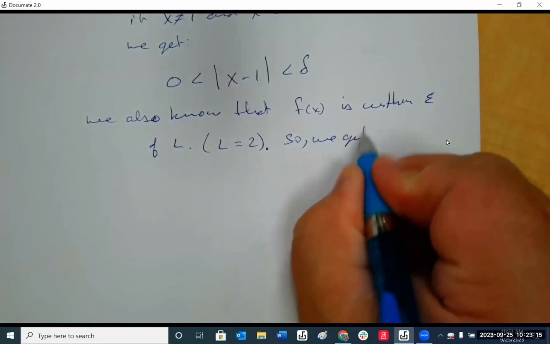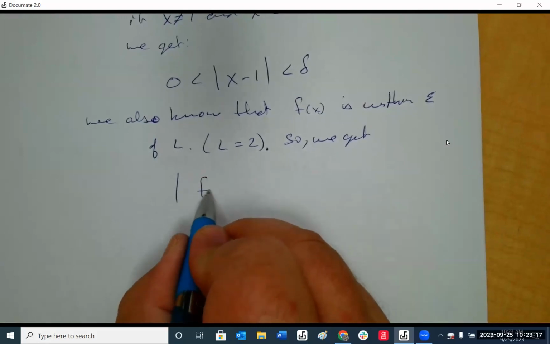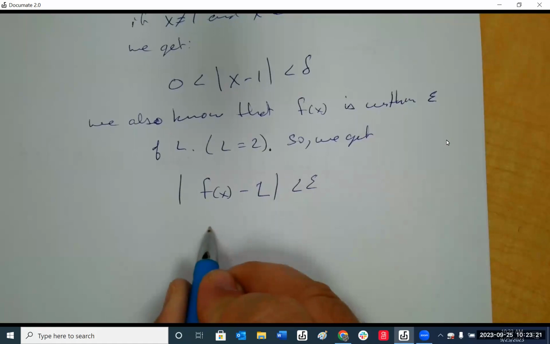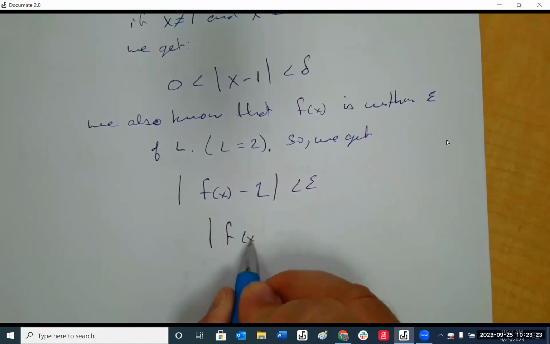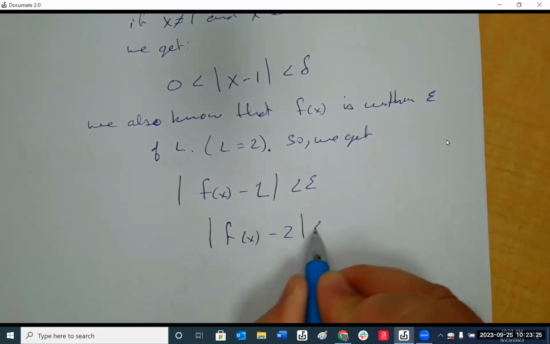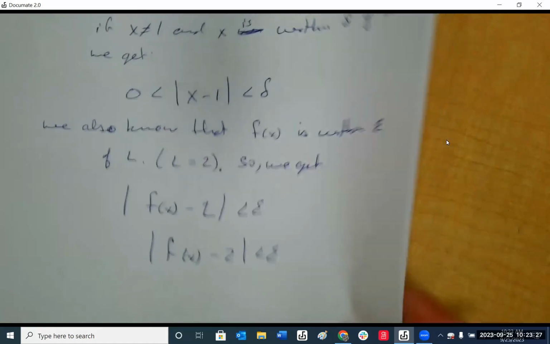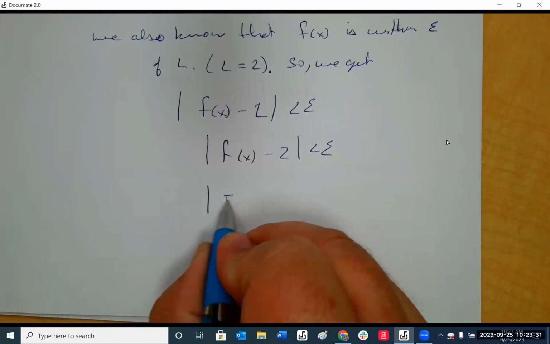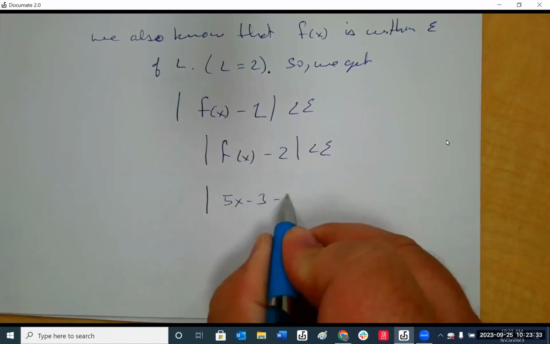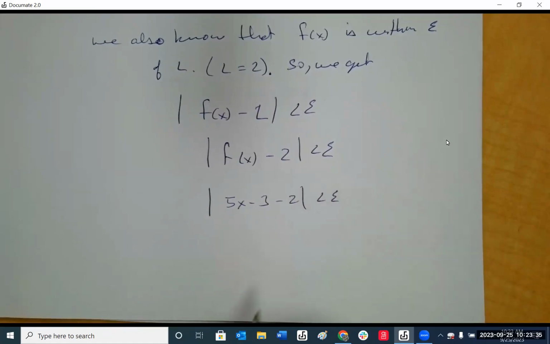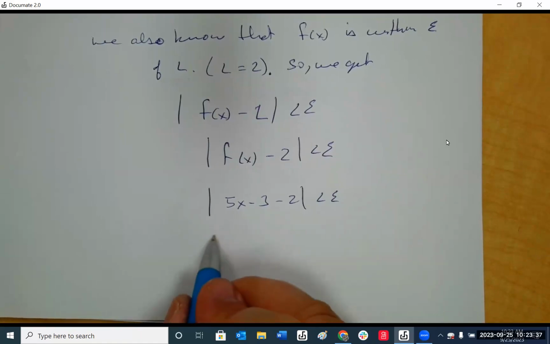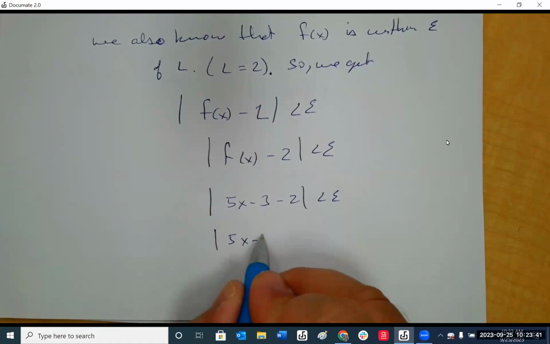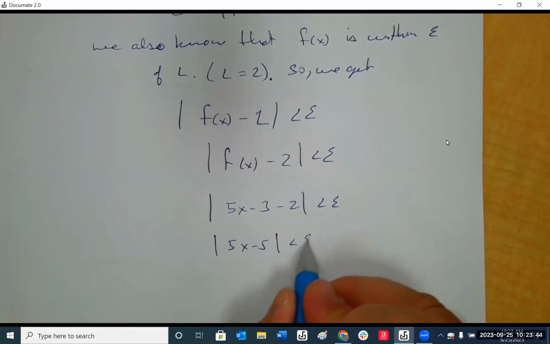So we get absolute value of f of x minus L is less than epsilon. f of x minus 2 is less than epsilon. 5x minus 3 minus 2 is less than epsilon. That's our function. We get 5x minus 5 is less than epsilon.